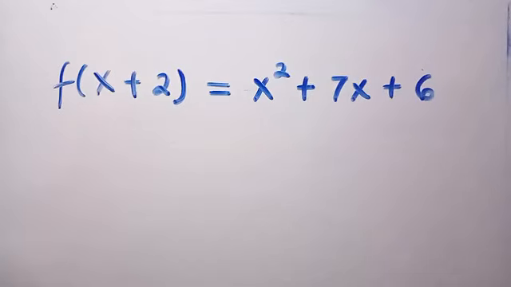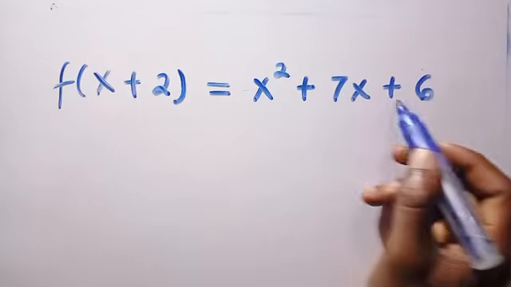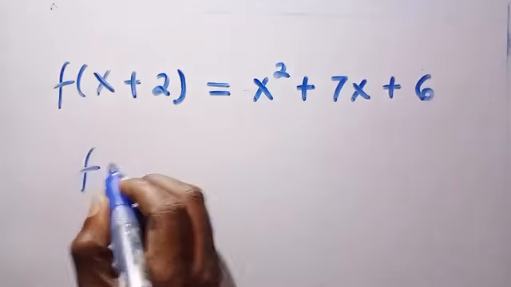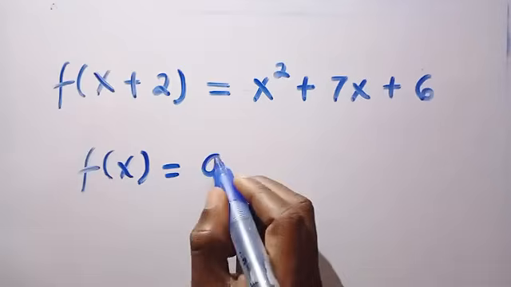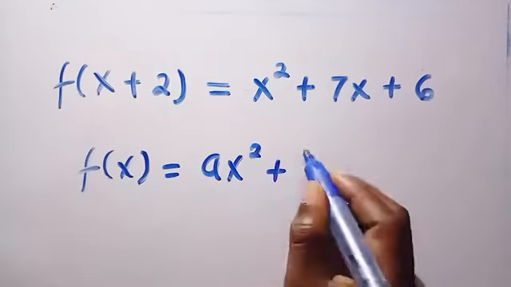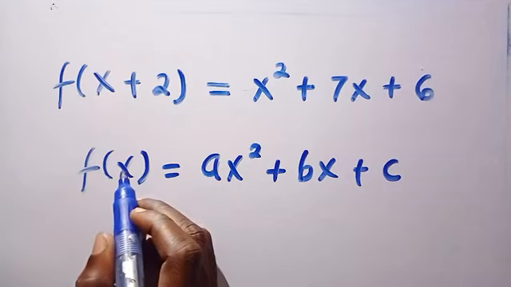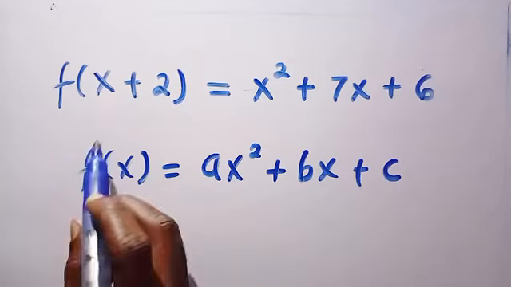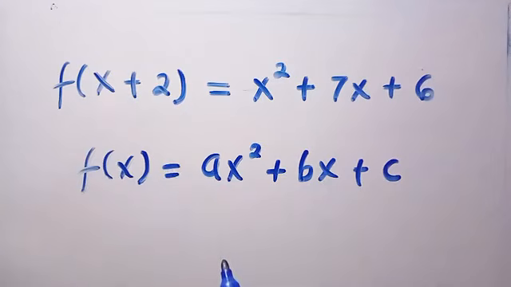Another way of solving this same problem is, when we look at this, here is a quadratic. Let's say we assume a general quadratic f of x equals ax squared plus bx plus c. Why this method is not advisable is because it takes time. We are going to be replacing every single x here with x plus 2.